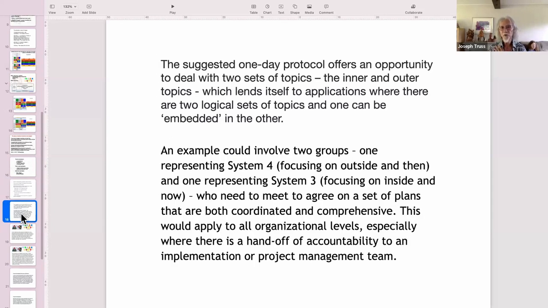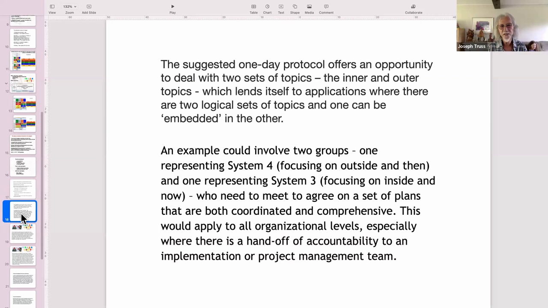The suggested one-day protocol offers an opportunity to deal with two sets of topics. Here are the inner and outer topics, we call them. And this lends itself to applications where there are two logical sets of topics and one can be embedded in the other, recursivity or subsystem in some way. An example could involve two groups.